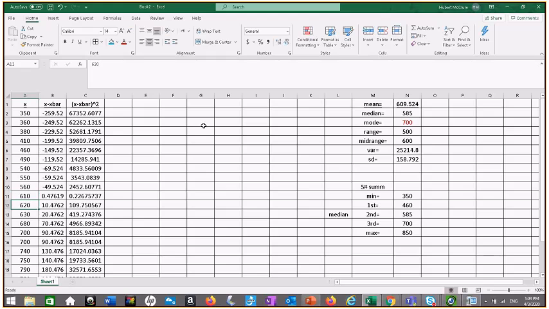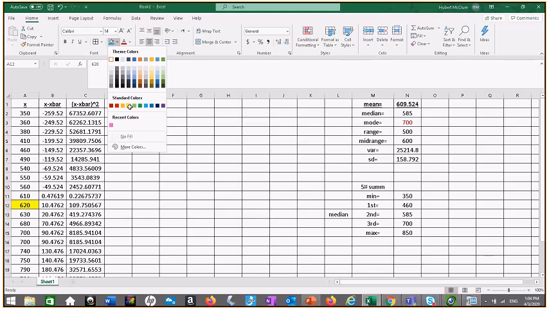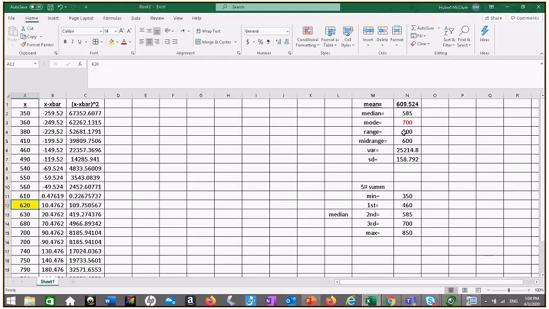So 620 is your mean, I meant your median. So that's equal to 620. And 620 goes down here.